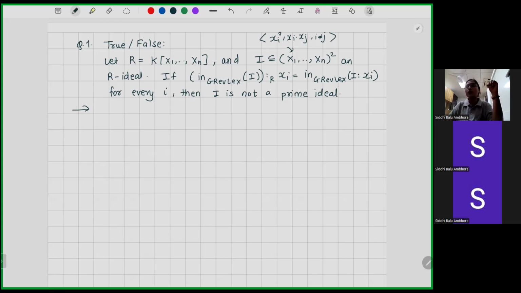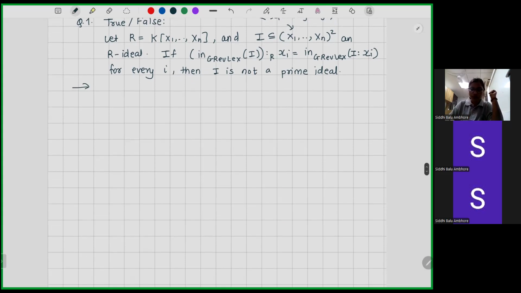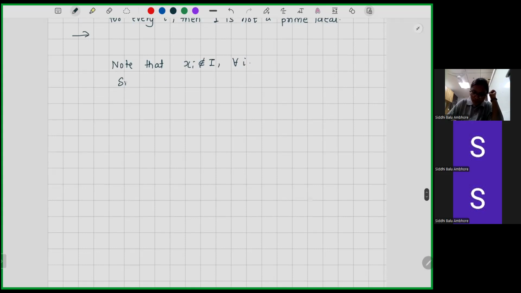So the first thing we need to check here is that no variable belongs to the ideal I. Note that xi doesn't belong to I for all i, since I is contained in the ideal generated by x1 to xn squared, and clearly xi doesn't belong to it.